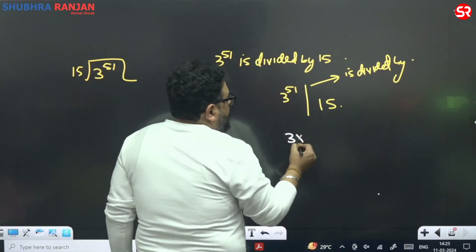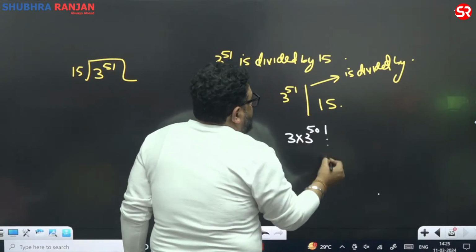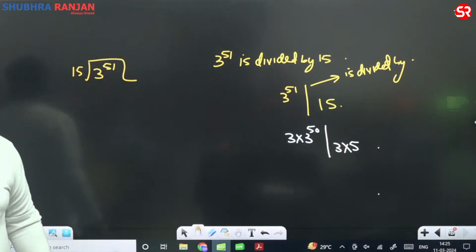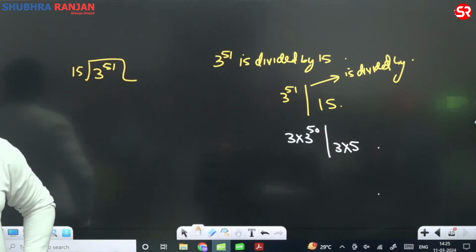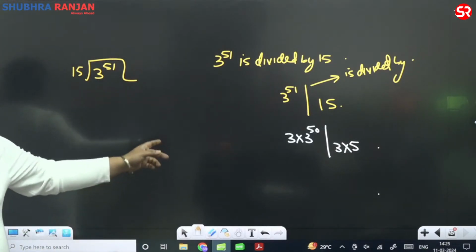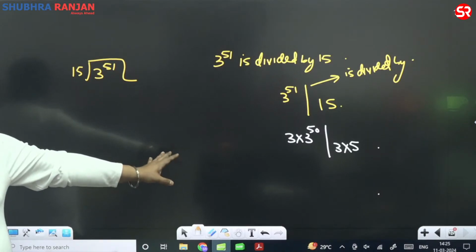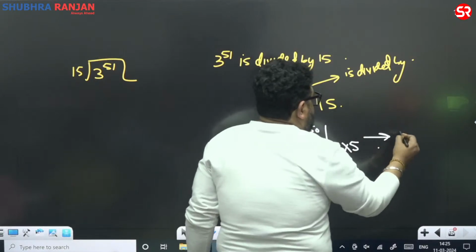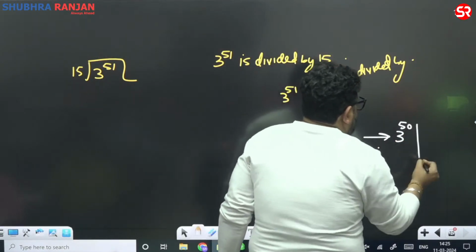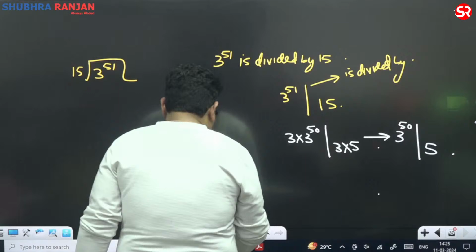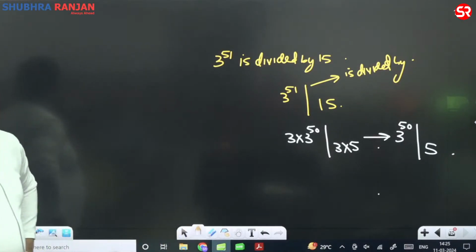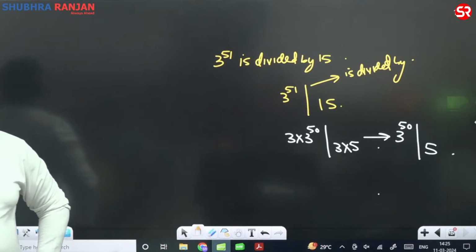This is 3 into 3 की power 50 divided by 3 into 5. Alright. So cancel of 3 both sides and keep it in mind. So this we arrive to 3 to the power 50 shall be divided by 5. 3 to the power 50 has to be divided by 5.